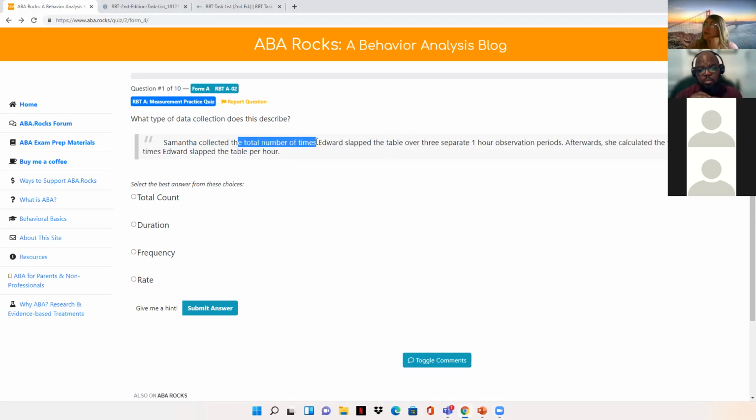So the total number of times that he slapped the table, we're taking a frequency, so that's correct. But then they're giving you a time period. She calculated the total number of times that he did it per hour. So if you see them taking a frequency and also taking into account the time of the session, then it's going to be rate, because remember we said frequency over time is rate.